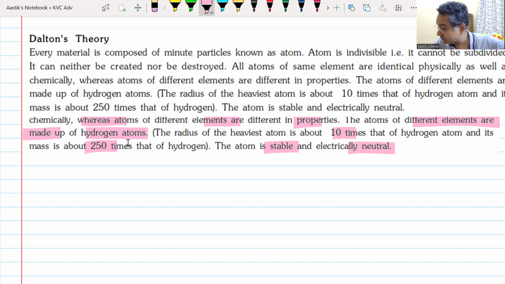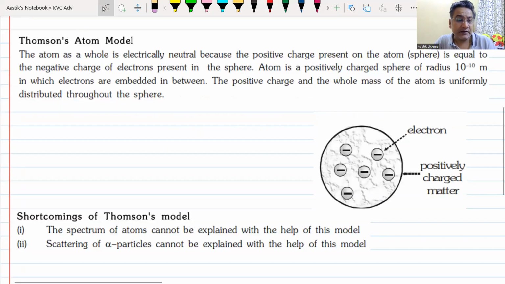J.J. Thomson. J.J. Thomson was the next one who came up with his theory, and this was Thomson's model of an atom. An atom is, as a whole, electrically neutral. The positive charge present inside a sphere is equal to the negative charge.